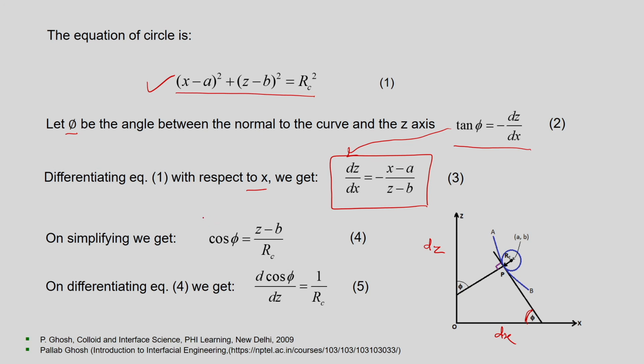If you know tan phi, cos phi will be nothing but z minus b by r c. With this, if you differentiate this also, you get this expression. Keep in mind that one expression is tan phi, another is cos phi, and then you differentiate again and you get 1 by r c.